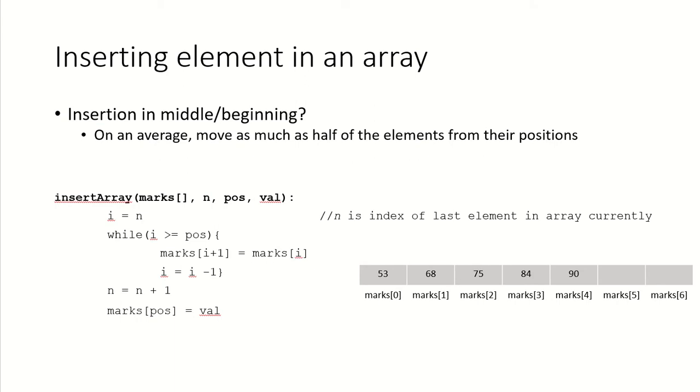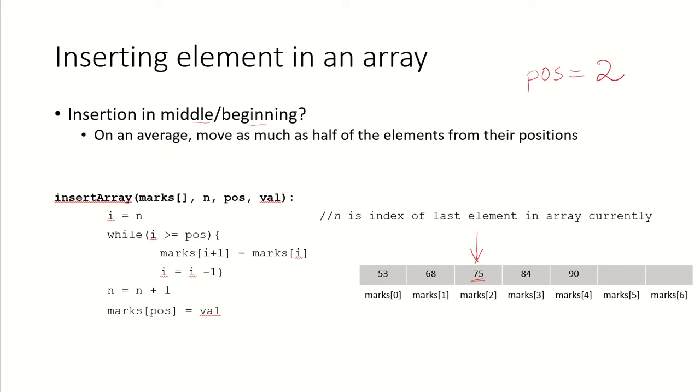What if we want to insert in the middle or in the beginning? Suppose we want to insert at position 2. If we want to insert at this position, that means we have to make space for it.